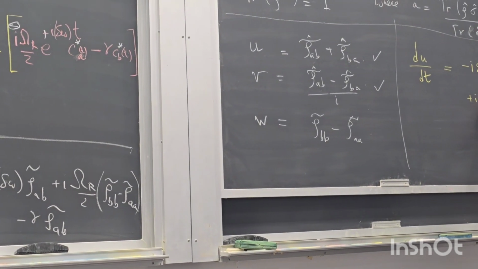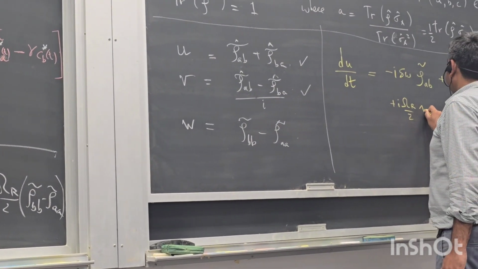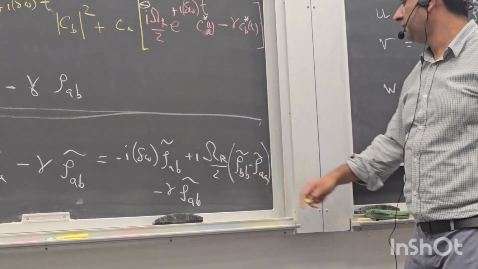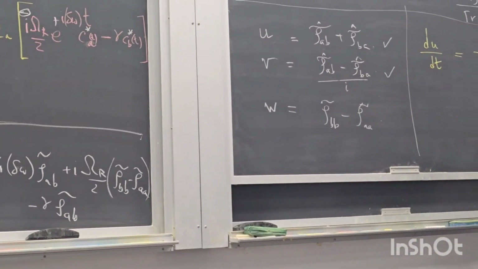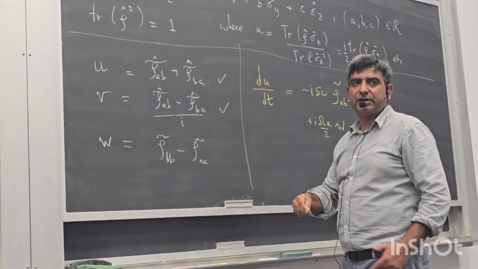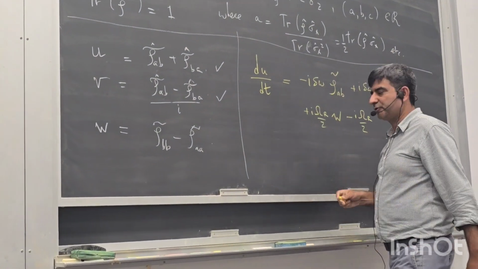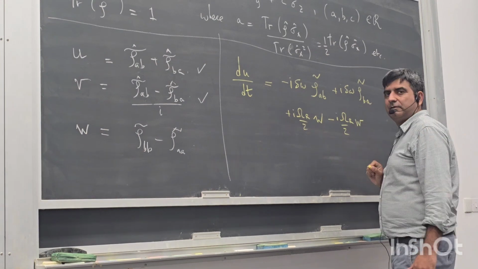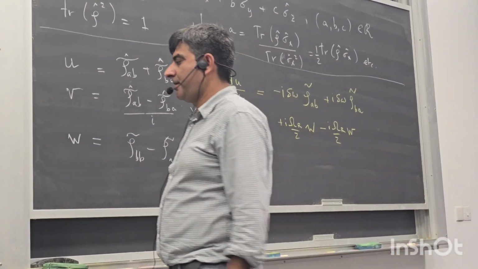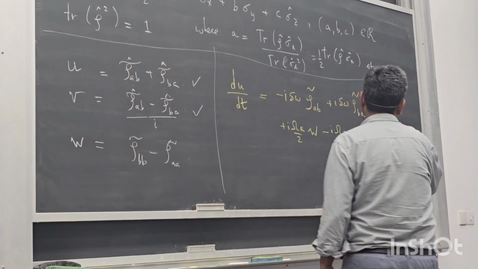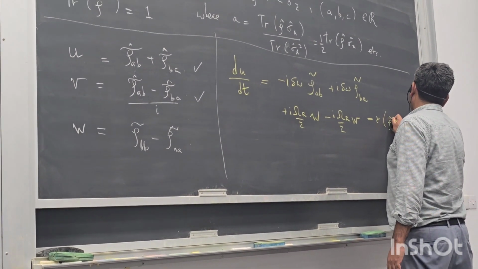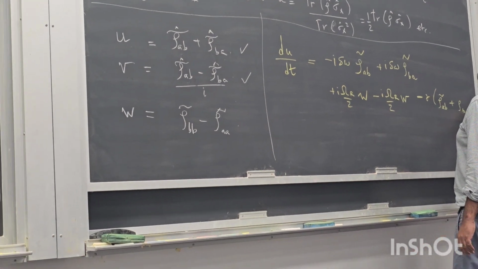Plus I omega R over 2 W, minus I omega R over 2 W, the complex conjugate of W is W itself, where W is real. Minus gamma rho AB plus rho BA.